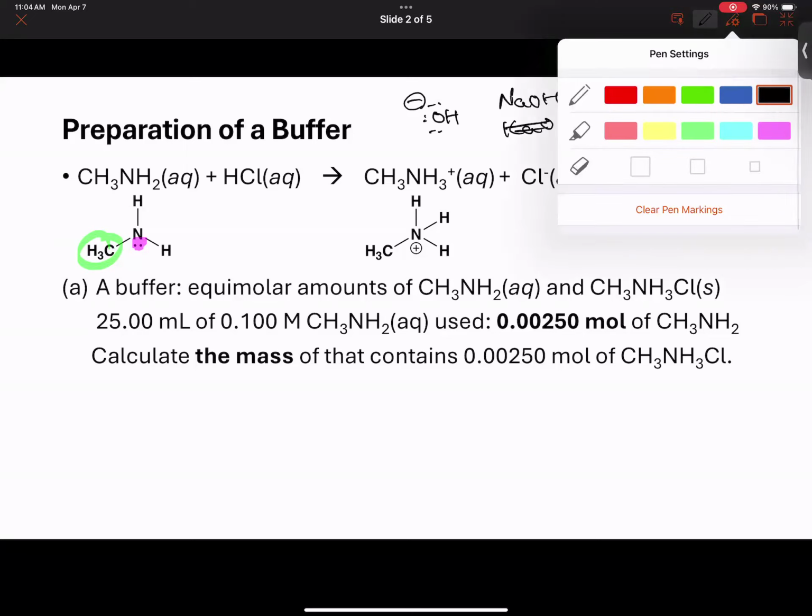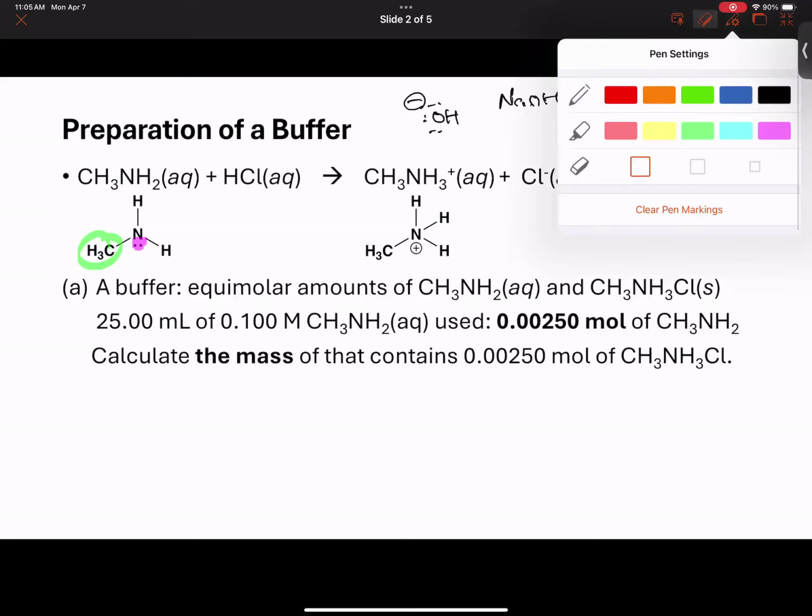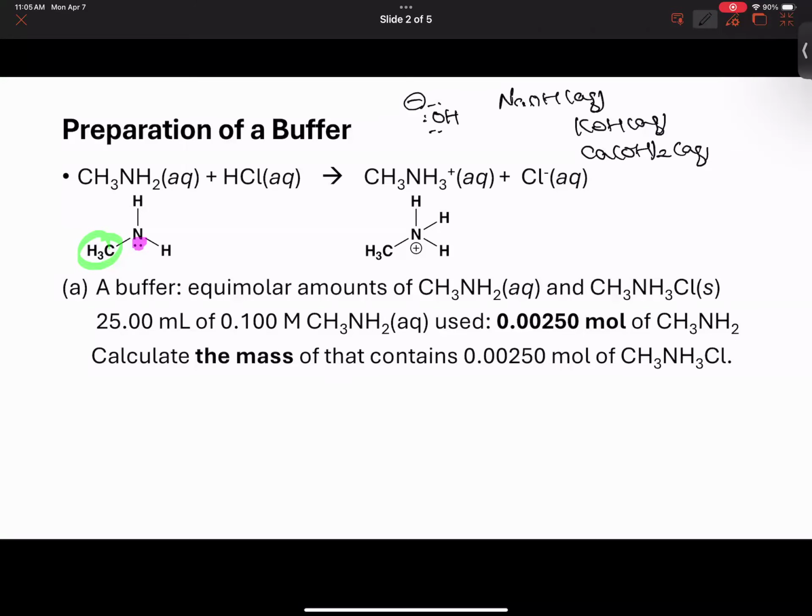Here, as you see, is the case of a weak base. Many weak bases are nitrogen compounds. And when this one is combined with a strong acid, for example, here I drew hydrochloric acid, it becomes a conjugate acid.